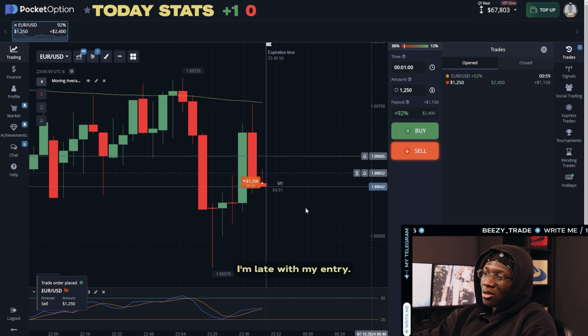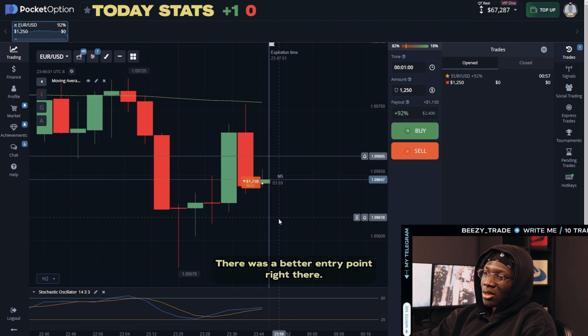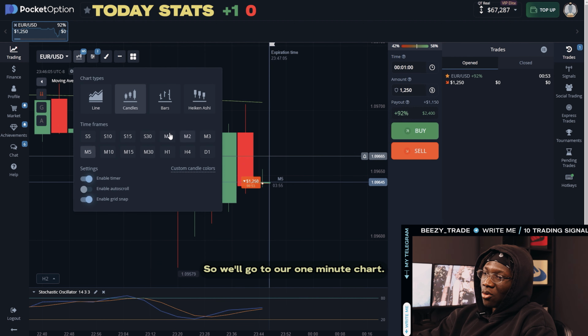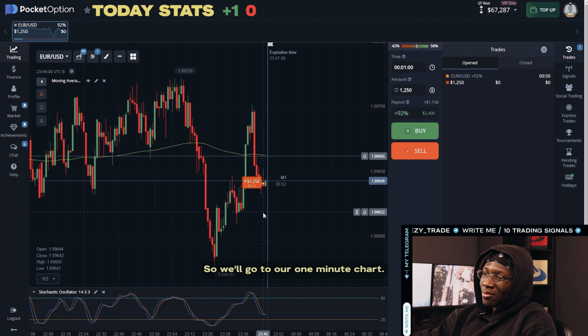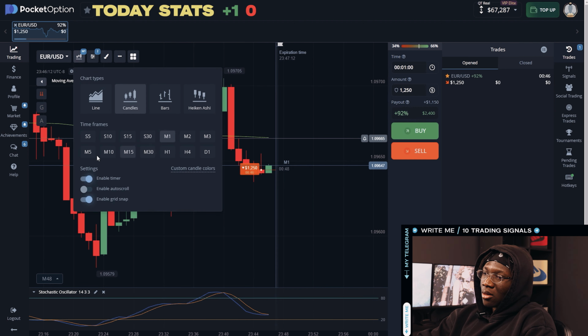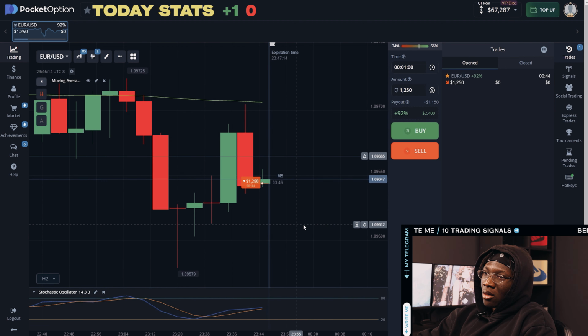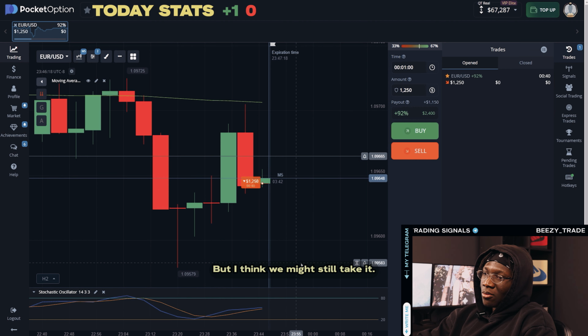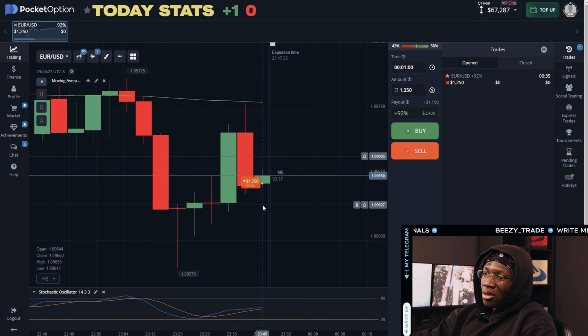I'm late with my entry. There was a better entry point right there. So we'll go to our 1 minute chart. Not looking great. But I think we might still take it. I think we still have a good chance.